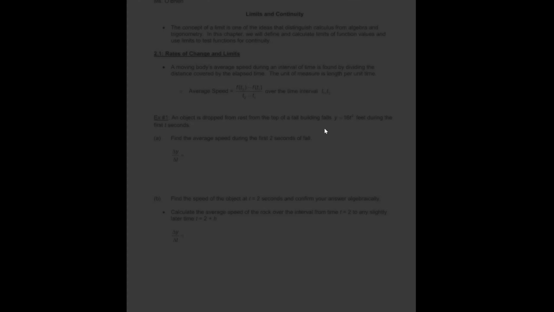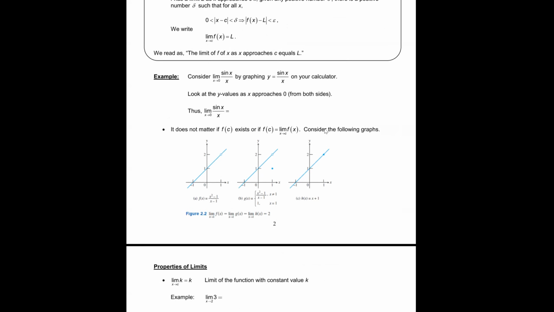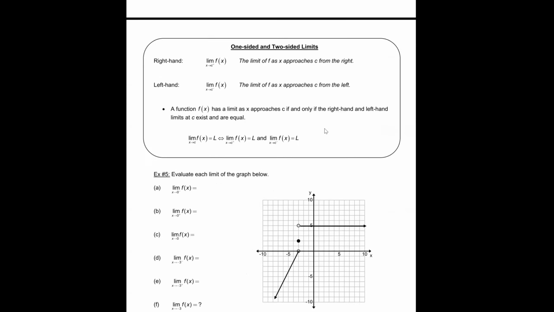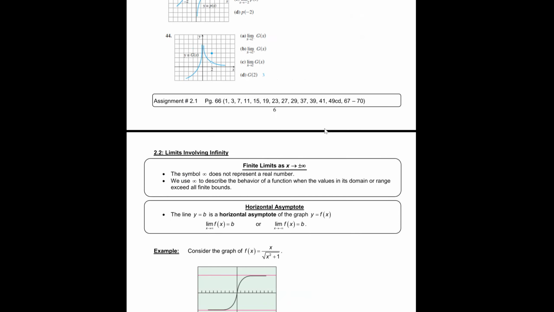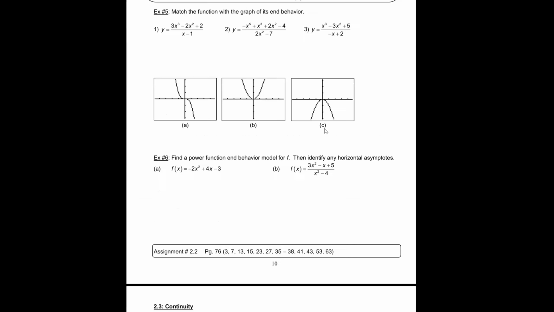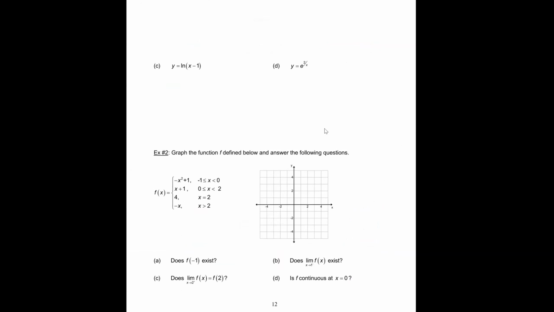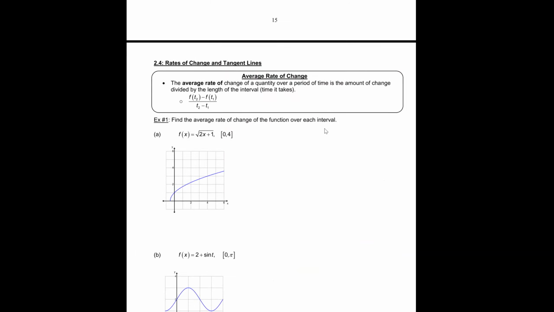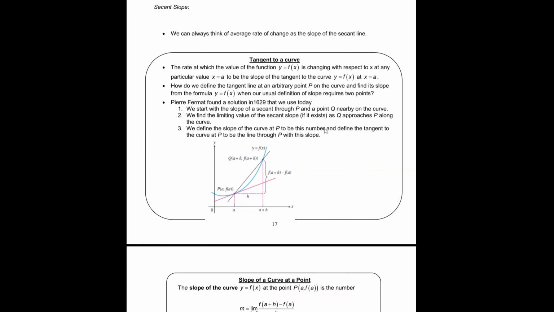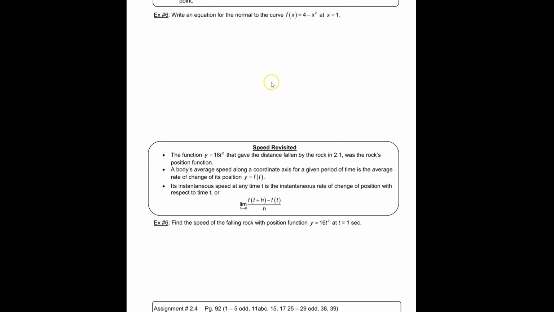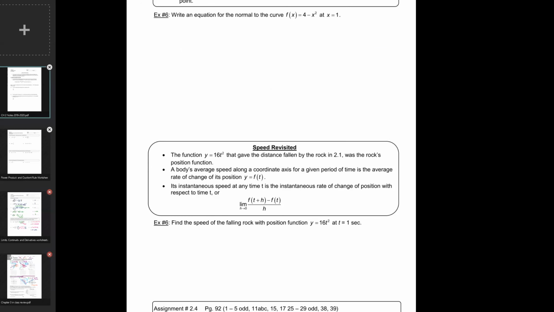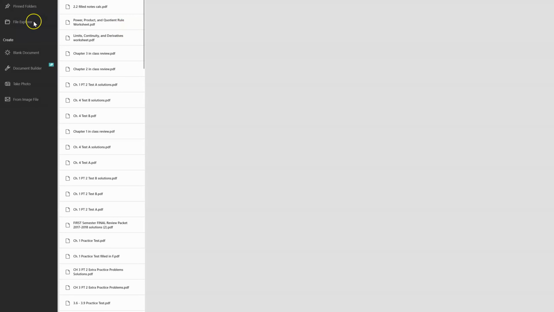All the rules are in your chapter 2 notes, like you guys have your notes. I think this is chapter 2, pretty sure. Maybe 3 or 4. Discontinuity, differentiable. I'm trying to think where this is.